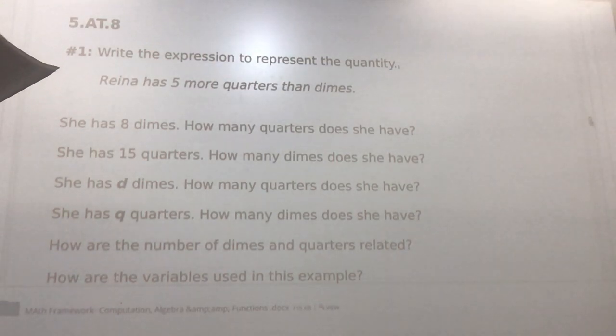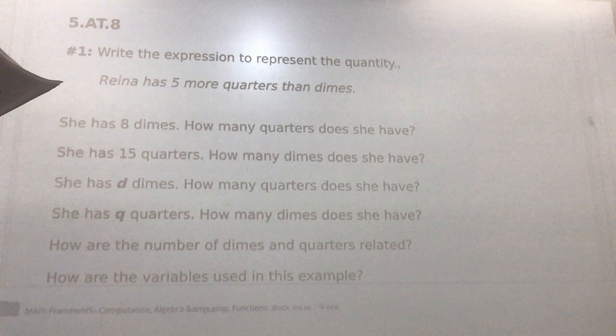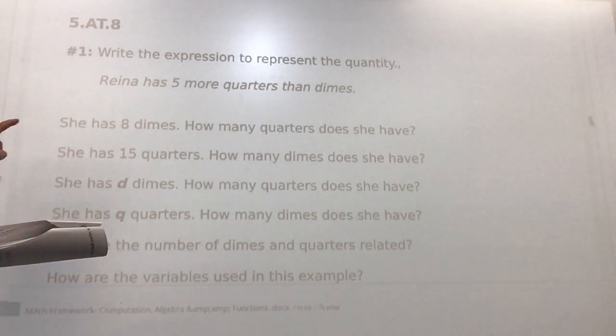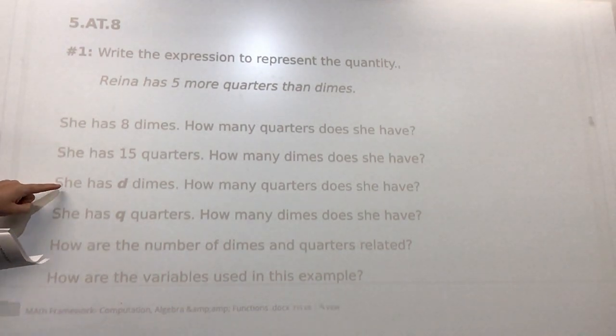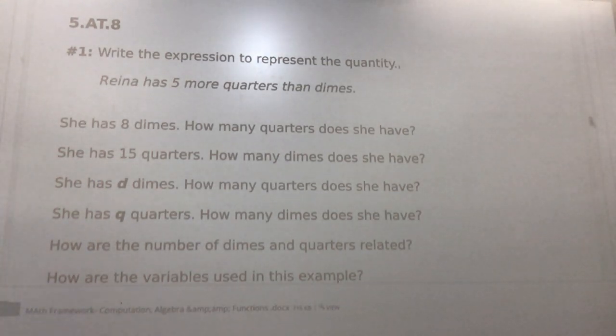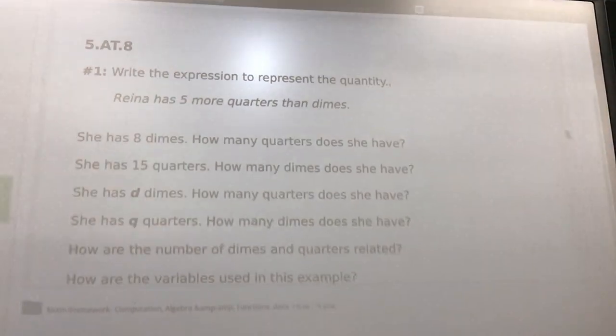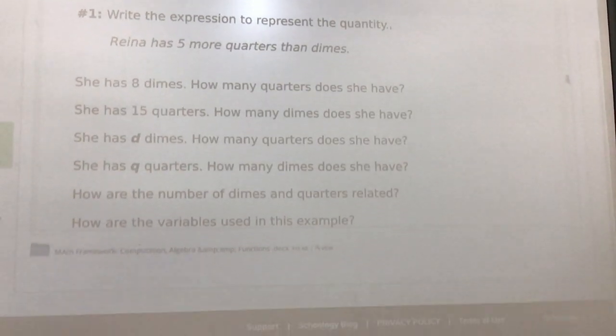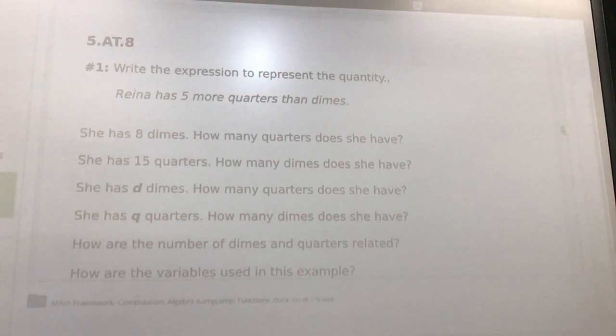Raina has 5 more quarters than dimes. And it also gives us some more expressions that I want you to write down for me. Okay? Go ahead and do all of number 1. All of number 1.